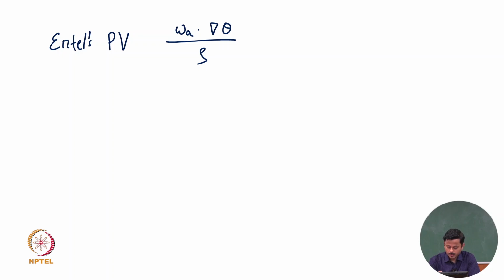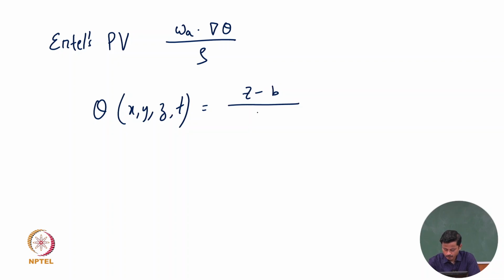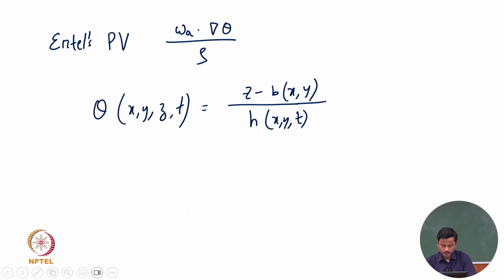So in this case, one of the candidates that we can define is, so this is a scalar property, let's say we define this quantity. We have defined that B is the topographic height and Z is the coordinate along which the topography is being measured.